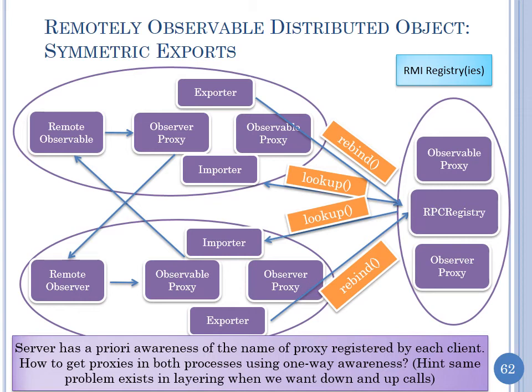We know that we can invoke methods from lower level layers to upper level layers and vice versa. We've already seen how that happens. So can we use similar principles to allow two-way calls and yet have one-way awareness? The hint I'm giving you is to think of extending what we know in the local case to the distributed case also. So that's your question.